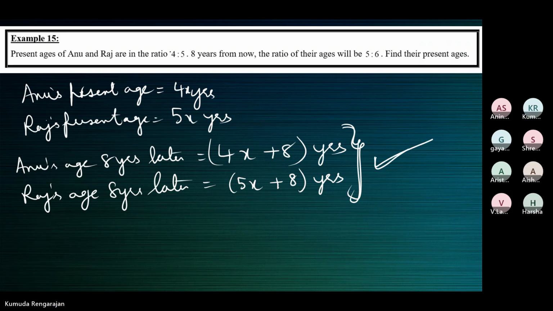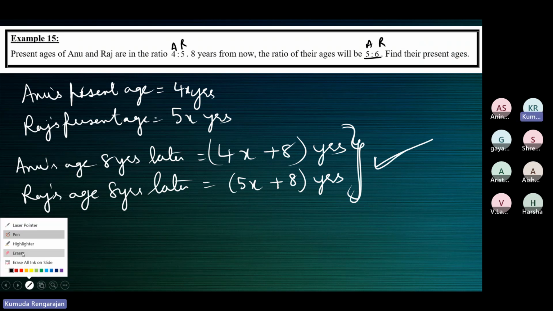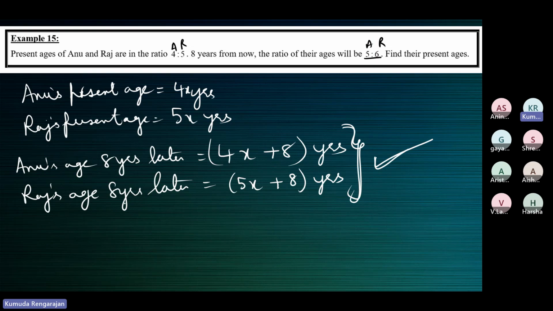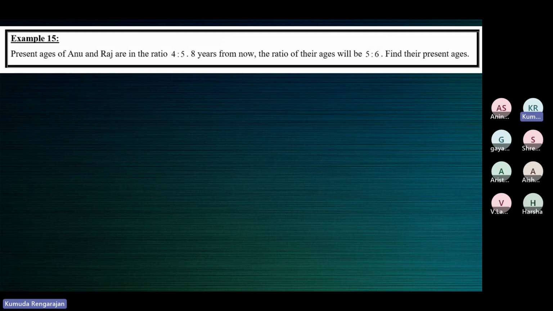So 5 parts represent Anu because she is younger, 6 parts represent Raj because he is elder. Now the ratio of their ages is 5/6. So Anu's age 4x plus 8 divided by Raj's age 5x plus 8 is equal to 5/6 is the equation. We need to solve this equation and find the value of x and hence find 4x and 5x.